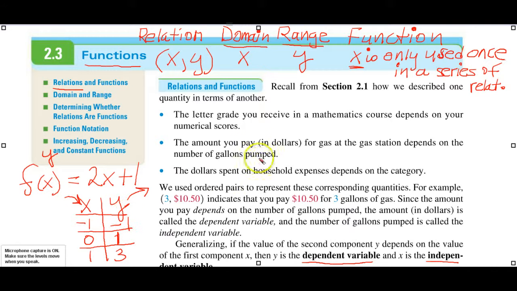Okay, so again, some of the definitions, and then as you read through this, they'll tell you that, as we said before, many items in our lives can be related as an ordered pair. Whether it's the price you pay for 3 gallons of gas or any number of other things. Okay, we'll move on, but again, you should have this in your notes and should be studying.